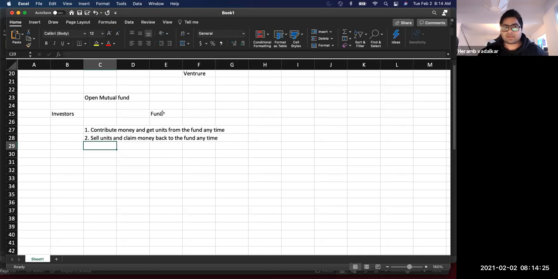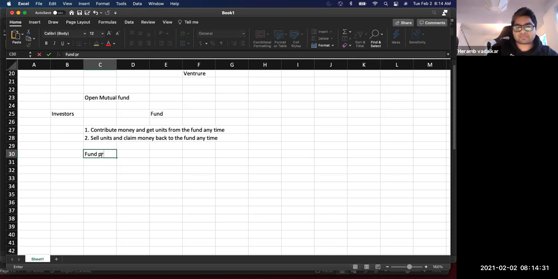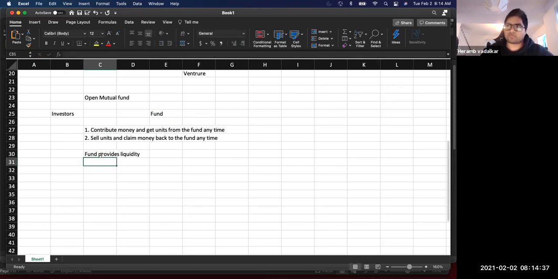So in an open mutual fund, the fund provides liquidity. As an investor, you can invest anytime into the fund.